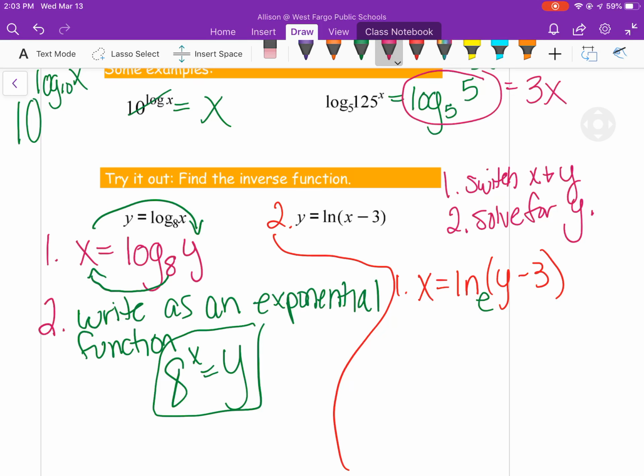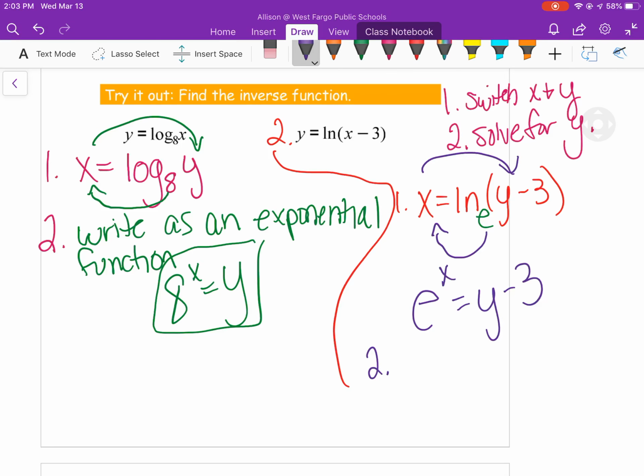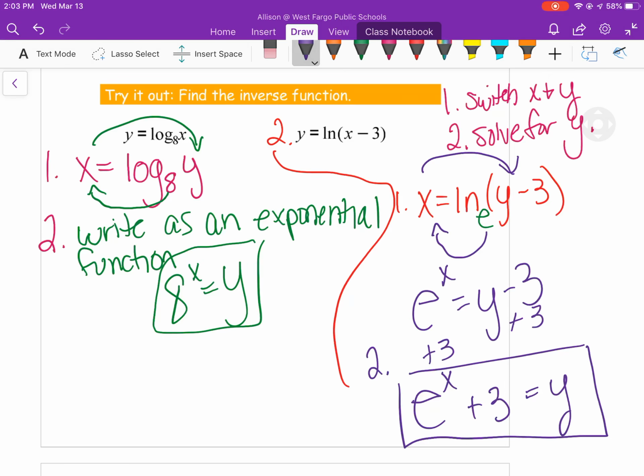So I can rewrite this in exponential form as e to the x power equals y minus 3. And then finish solving for y by adding 3 to both sides. Now that's going to be e to the x plus 3 equals y. So those are my inverse functions for 1 and 2.